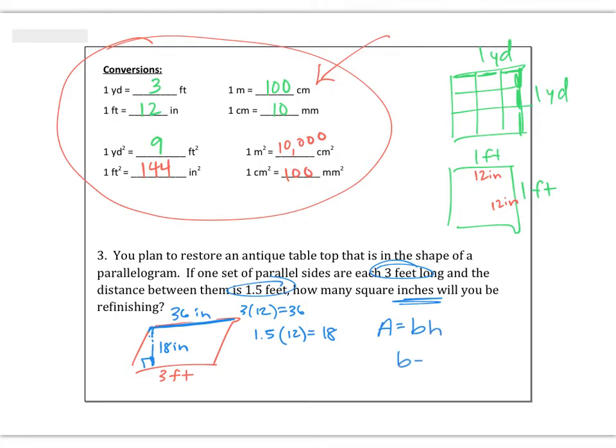Our base is 36. Our height is 18. And if we multiply 36 times 18, we get 648 inches squared.